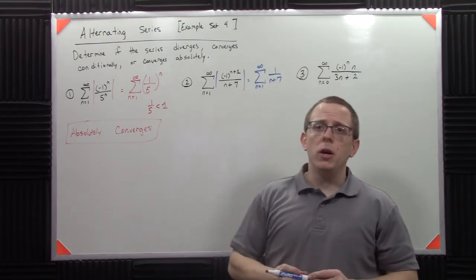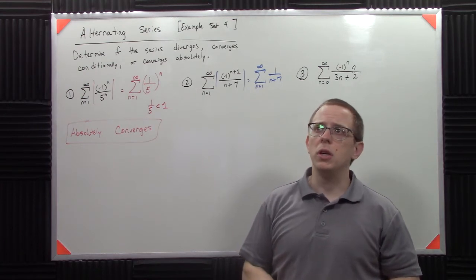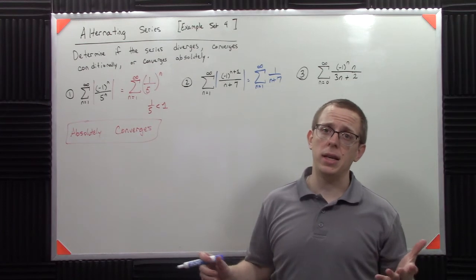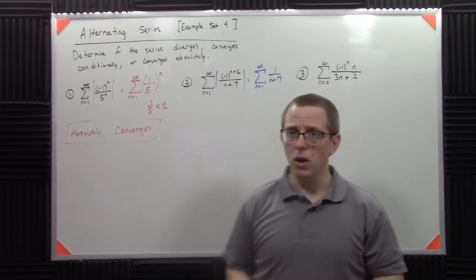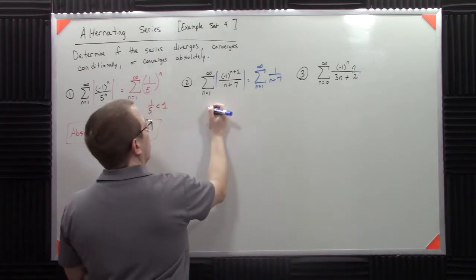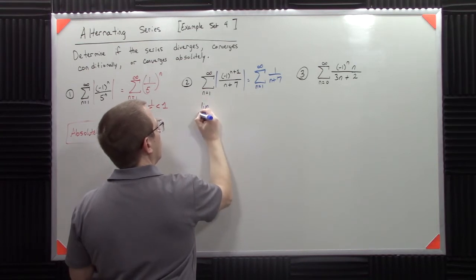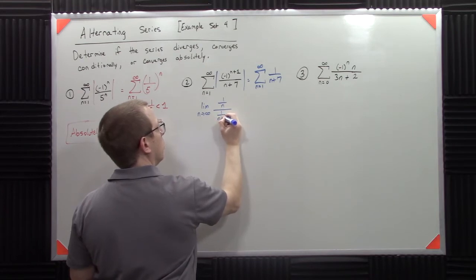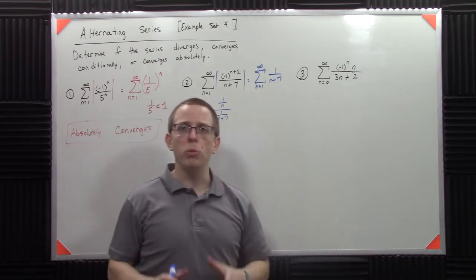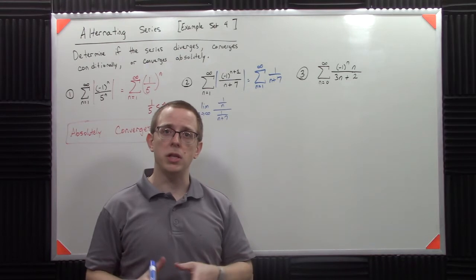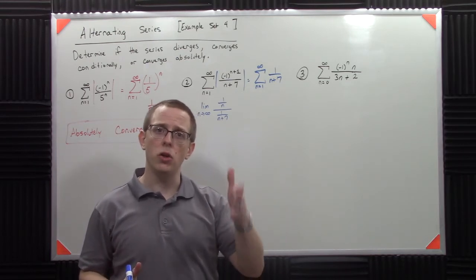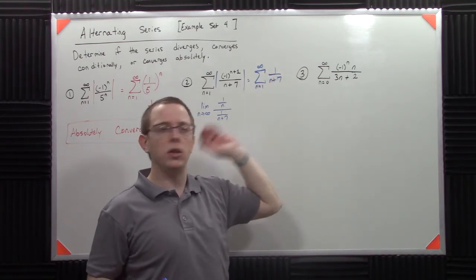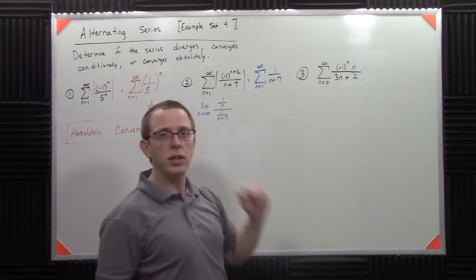So what I want to do here is use something like the limit comparison test. I'm going to compare that to 1 over n. Because this looks like a polynomial, what we can do with the limit comparison test is compare it to another polynomial that doesn't have all the extra terms, it's just the leading term.